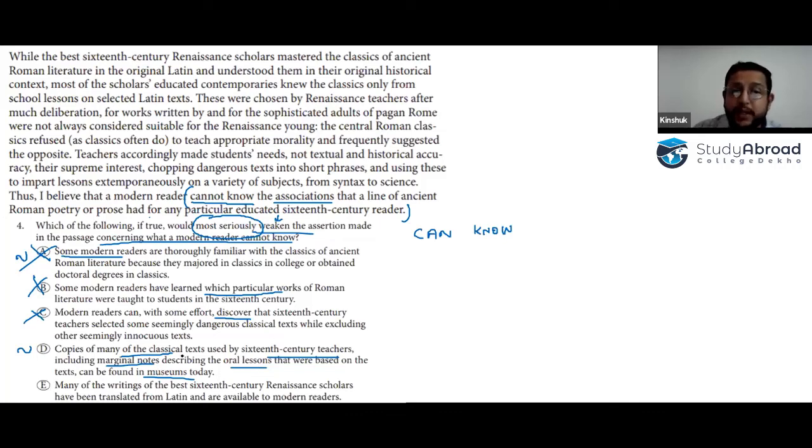Answer choice D specifically told us that classical texts used by the 16th century teachers are there in the museum, and those copies have marginal notes. So these are better than their own writings, because in that way we can associate a line of ancient Roman poetry or prose. So answer choice E will also be eliminated, and the right answer will be answer choice D.